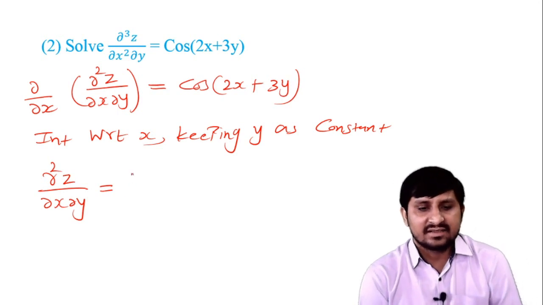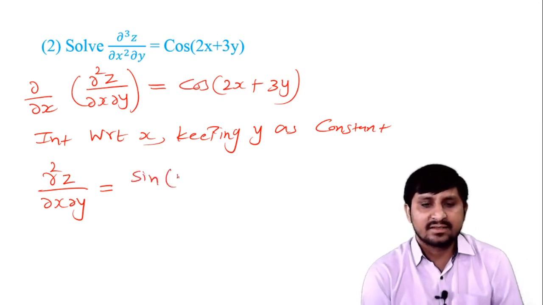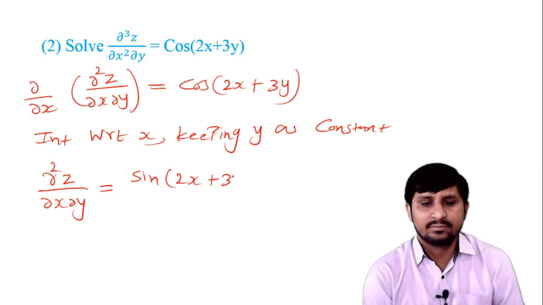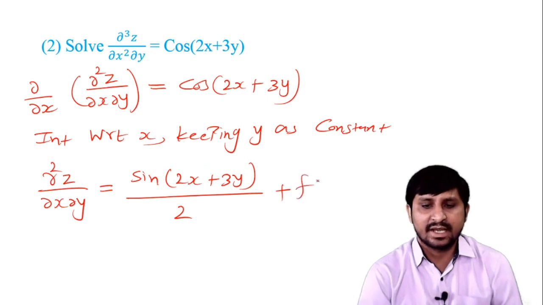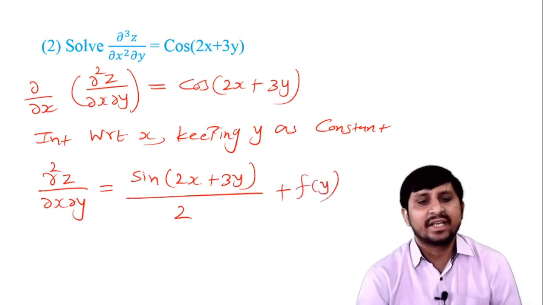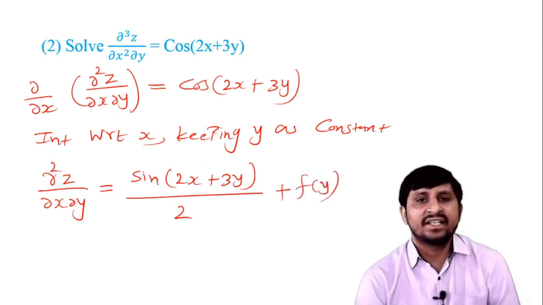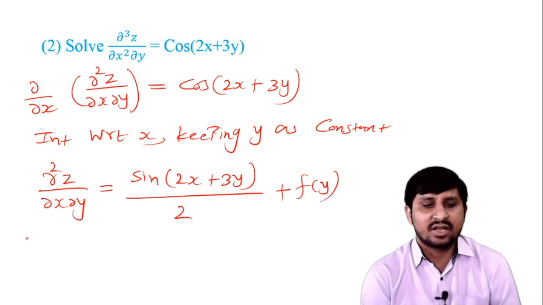So that is sine of 2x plus 3y, in the denominator we have the coefficient of x, that is 2, and plus y is a constant, so plus f of y. Now once again we have to integrate with respect to x. So just now we have del z by del y. I am not writing the whole sentence, but try to understand.